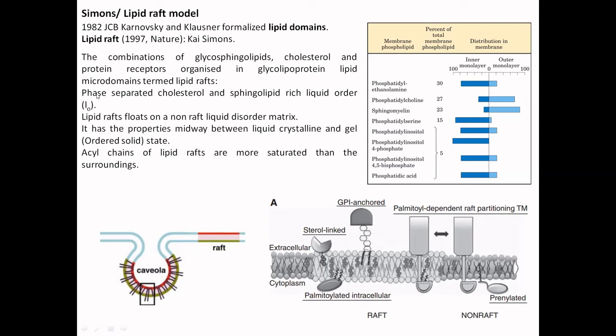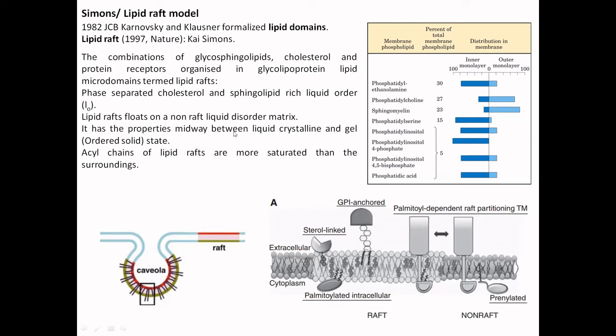In this case, the phase separated cholesterol and sphingolipids are floating on the sea of the non-raft liquid disordered matrix. So actually the non-raft liquid disordered matrix made up of lipids is the sea of the plasma membrane. So here the proteins are floating, here these lipids are floating.